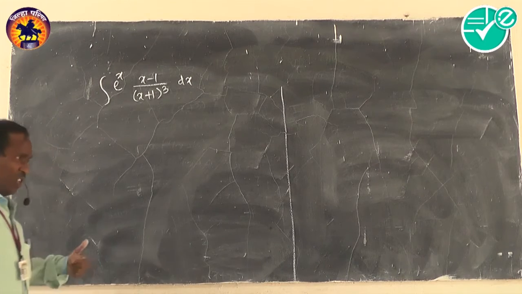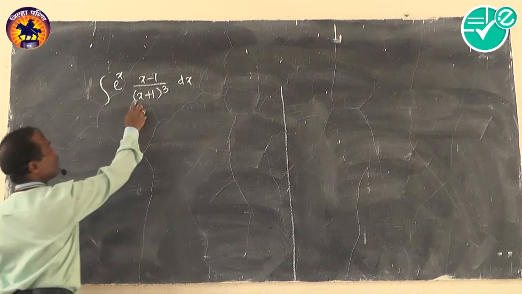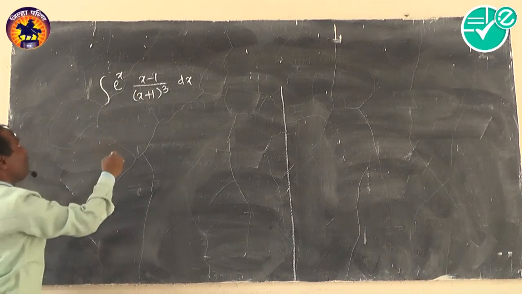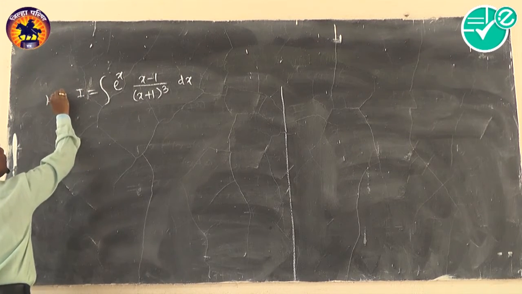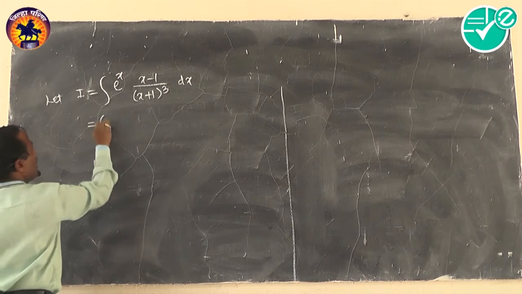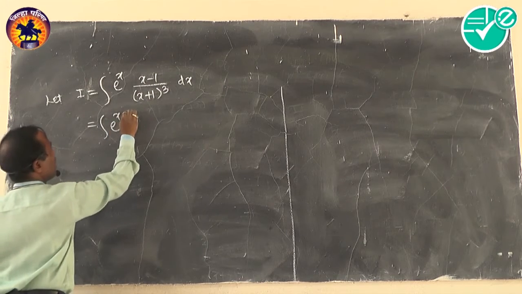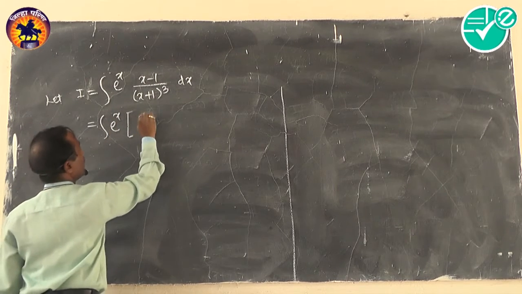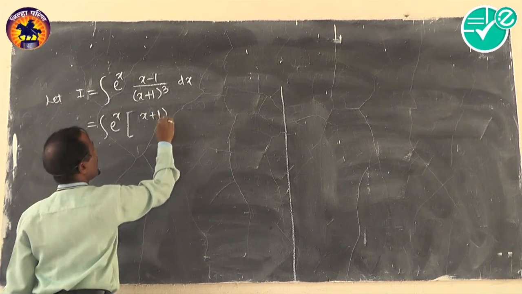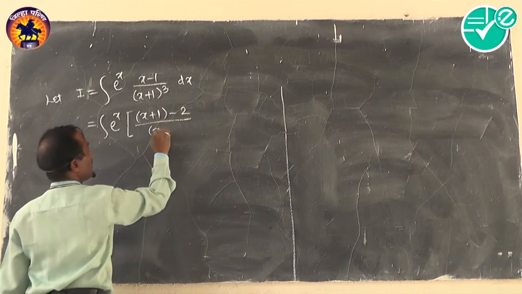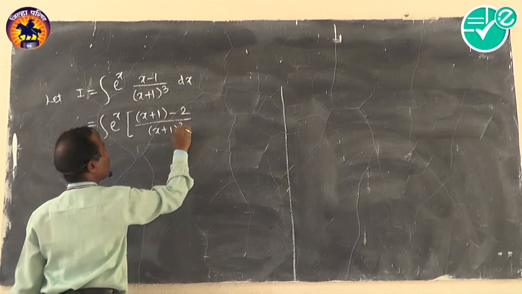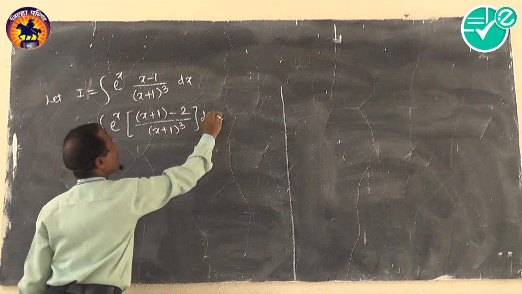So what is the function in the denominator? x plus 1 and minus 1. Integral of e to the power x into (x plus 1 minus 2) divided by (x plus 1) whole cube into dx.